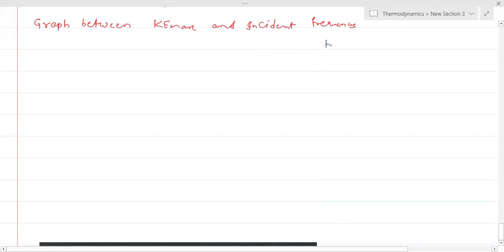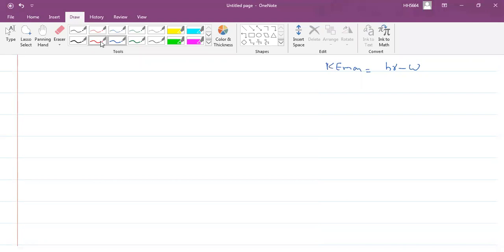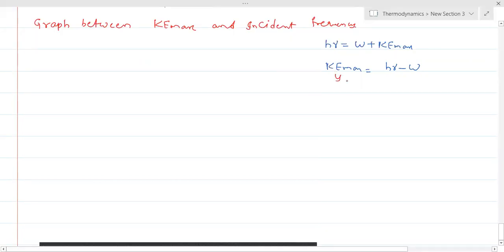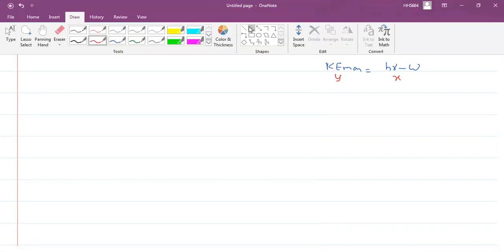We are writing the equation h nu equivalent to W plus Ke maximum, or if you need the expression for Ke maximum, we will write h nu minus W. Then instead of Ke maximum we are writing y, and instead of frequency we are writing x. Now we are going to see the graph.